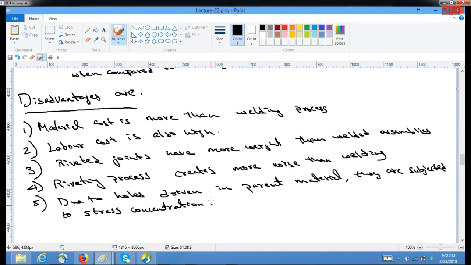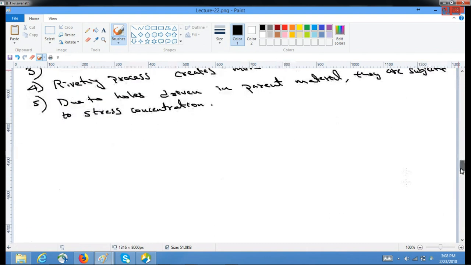So these are the things. So advantages, disadvantages. Then we will see what are the types of rivet heads.